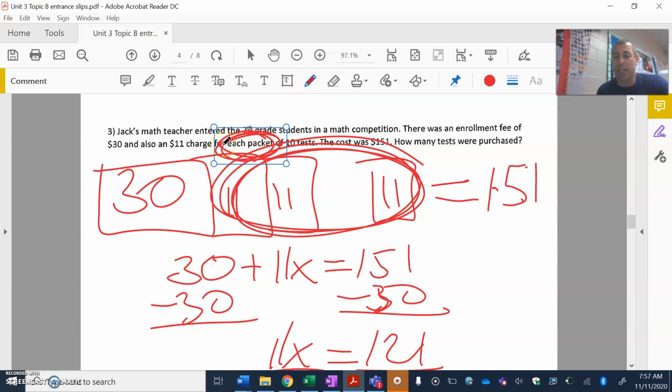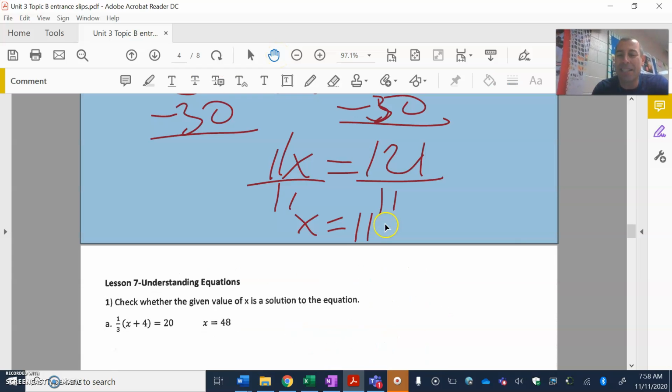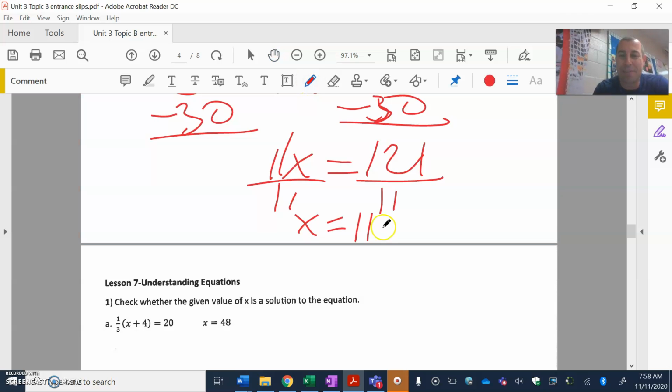So what I just found is that there are 11 packets. Well, if each packet has 10 tests, I need to finish that up now. So that would actually be 11 times 10. And that would give me 110 tests that we got.